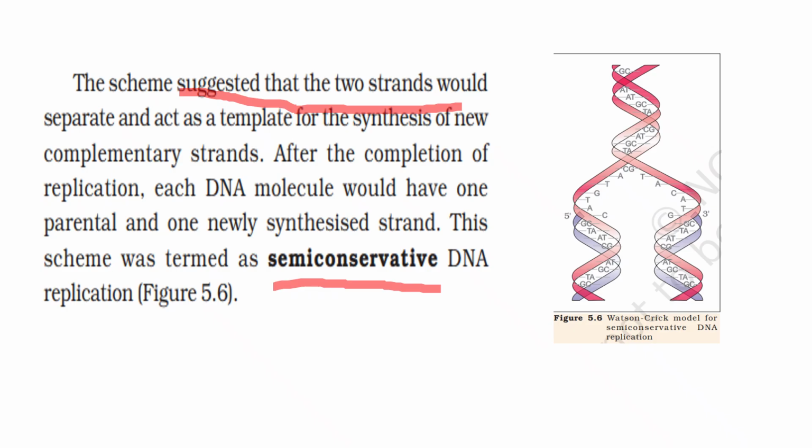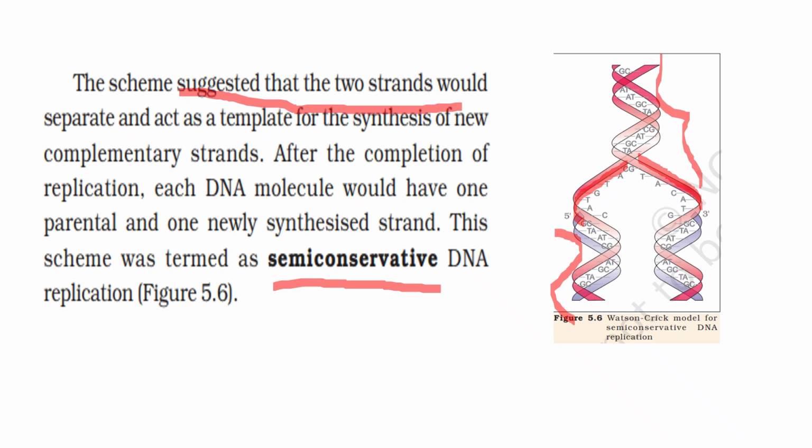So here, as you can see, this is the parental DNA. From here, one strand is coming and from here the other strand is coming. From one parental DNA strand, a new strand is being polymerized in the 5' to 3' direction.